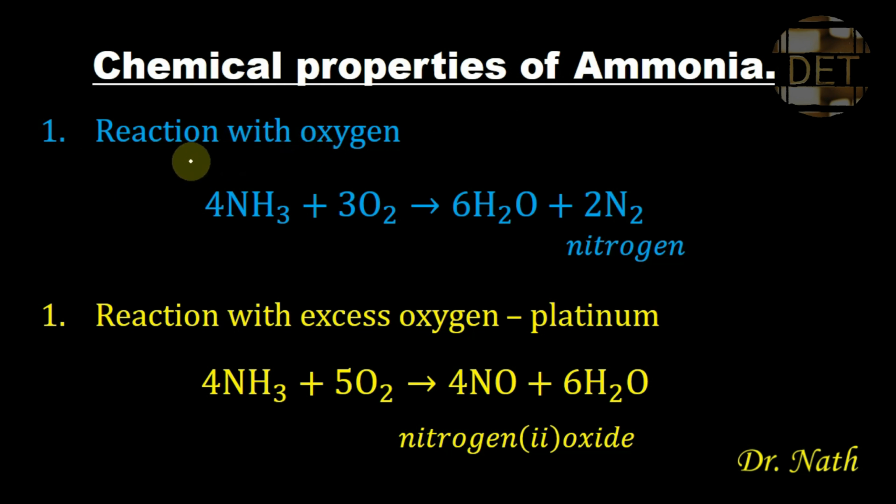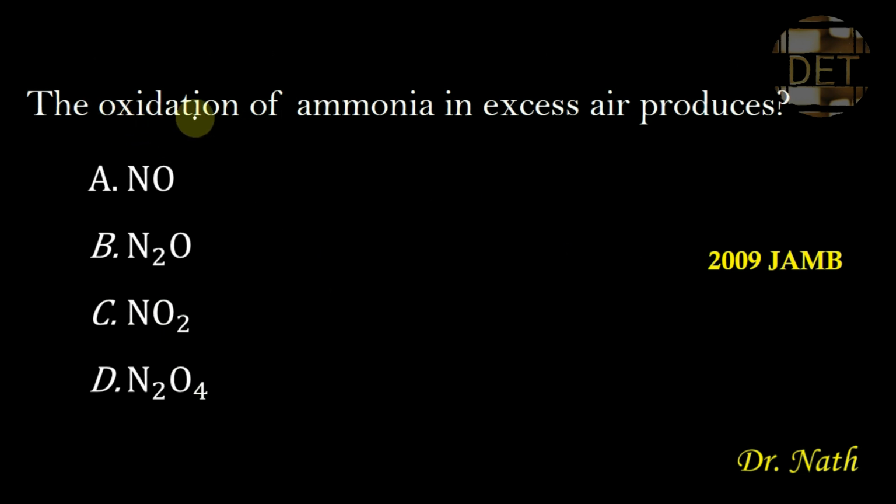From what we've discussed before, from the chemical properties of ammonia, we said that ammonia reacts with oxygen in two scenarios. It can react with oxygen in limited amount, whereby it will form water and nitrogen. But when it reacts with excess oxygen in the presence of a platinum catalyst, it will form nitrogen 2 oxide. So the oxidation of ammonia is simply the reaction of ammonia with oxygen in excess air.